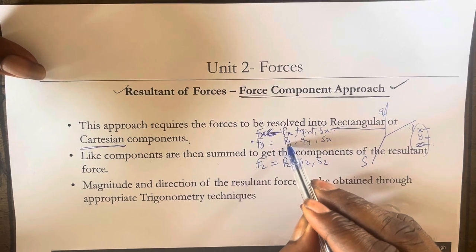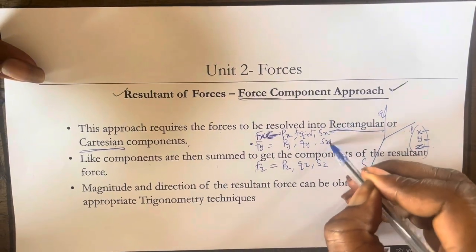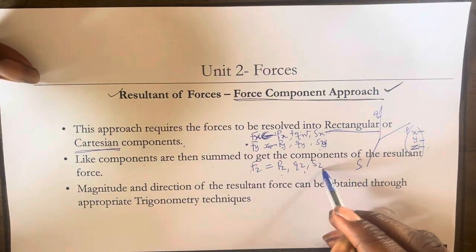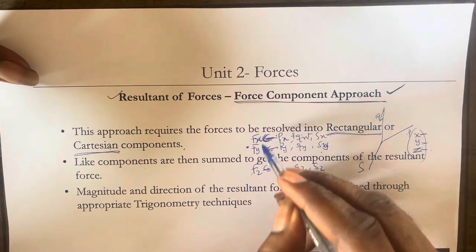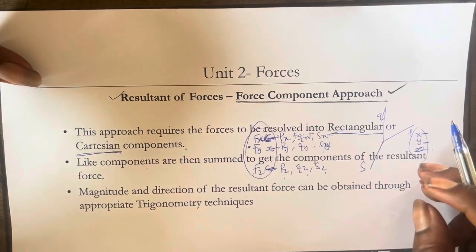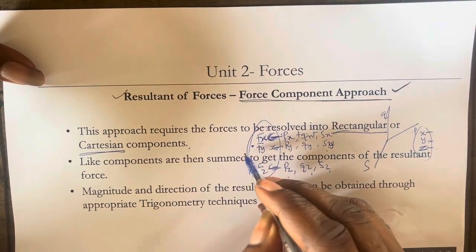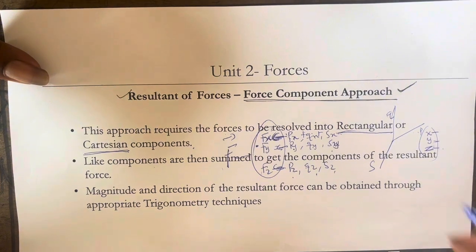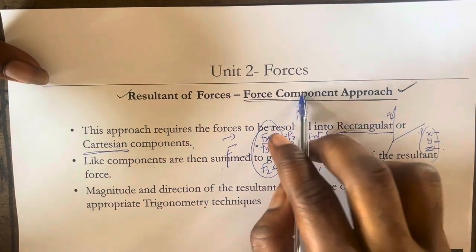We add the y components together so that we get the resultant force Fy. Pz, Qz, Sz, we get the resultant force Fz. After that, we work on the various components to get the resultant force F. So this is what happens in the force component approach.